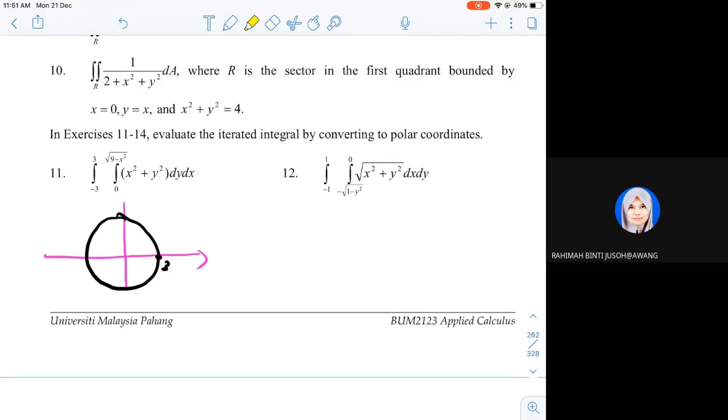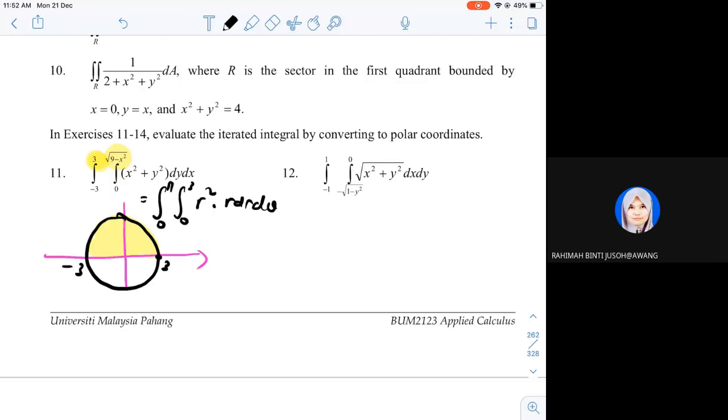It should be the upper part, isn't it? Yes, upper part, and this is negative 3. So when you convert, the integration becomes r squared, dy dx becomes r dr d theta, and the limits of r from 0 until 3 and theta from 0 until pi.